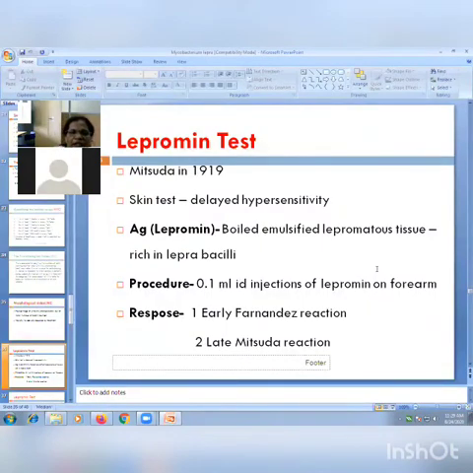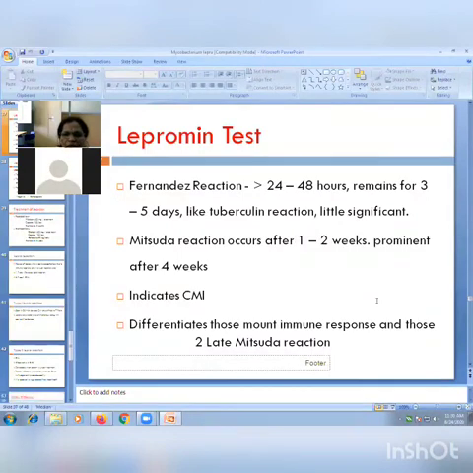This is the lepromin test. This lepromin test is done to see the prognosis of the disease, for classification of whether the patient has lepromatous or tuberculoid leprosy. An extract from the bacilli is injected and the response is seen. If the patient has cell-mediated immunity properly, the lepromin test is positive; in tuberculoid type of leprosy usually the lepromin test becomes positive.